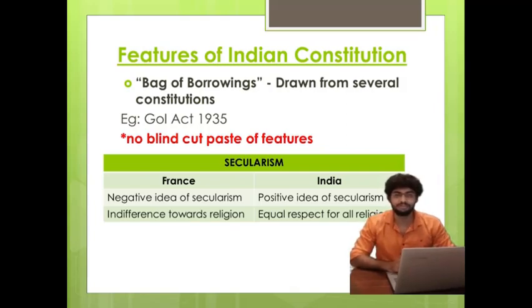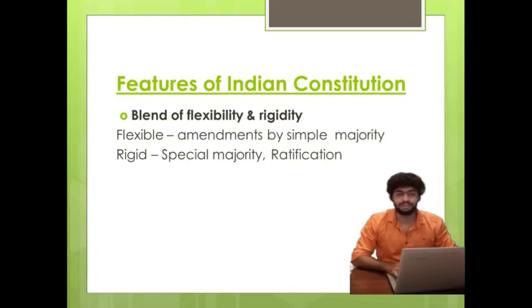The Indian Constitution has borrowed the progressive features and aspects from the rest of the constitutions of the world. Another important feature of the Indian Constitution is that there is a blend of flexibility and rigidity. It is flexible in the sense that a large number of provisions can be amended by simple majority in the Parliament. Provisions related to citizenship, creation of new states, and so on can be altered through simple majority in the Parliament.